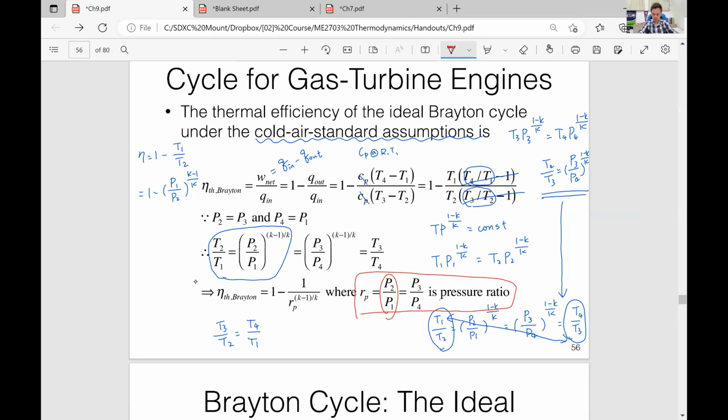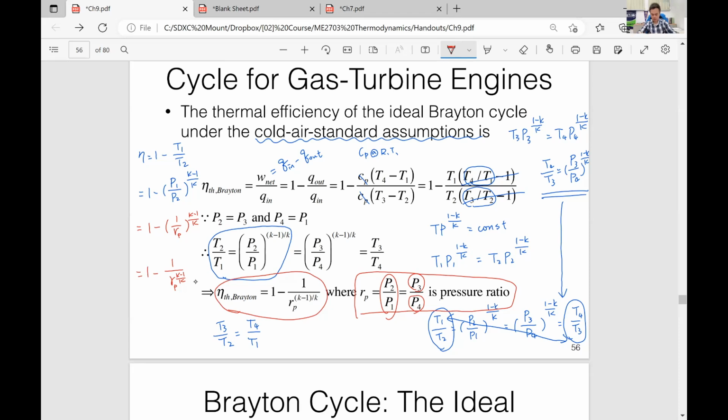And we know P2 equals P3, P1 equals P4, so it is the same as P3 over P4. So this is 1 minus 1 over RP to the (K-1)/K, so the thermal efficiency is 1 minus RP to the negative (K-1)/K. Okay, so we got the thermal efficiency.